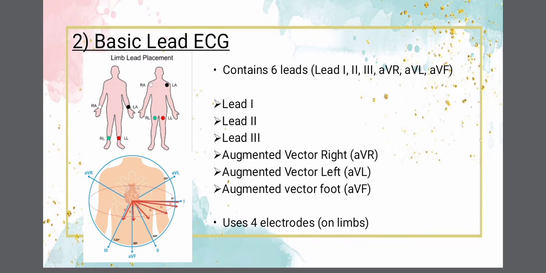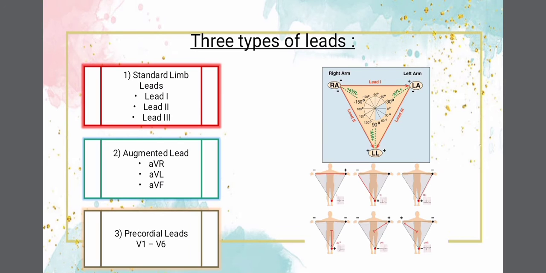For basic lead ECG, it contains 6 leads: lead 1, lead 2, lead 3, AVR, AVL, and AVF, and only uses 4 electrodes. There are 3 types of leads, which are standard leads, augmented leads, and precordial leads.